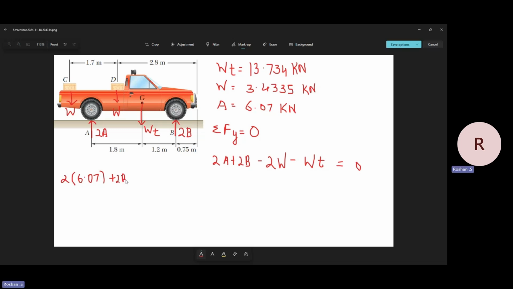The value of B we are supposed to find out, minus 2 into weight of the carton, that is 3.4335, minus the weight of the truck, that is 13.734, equals to 0. On solving this, we'll get the value of B to be 4.23 kilonewton.